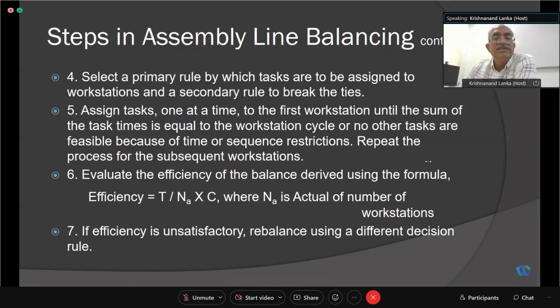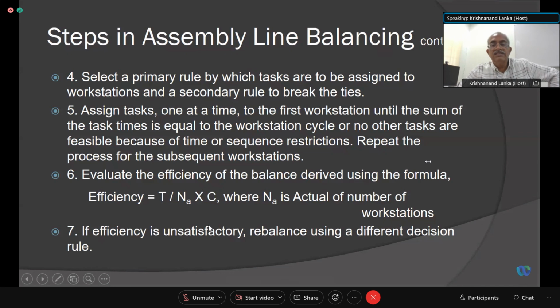Assign tasks one at a time to the first workstation until the sum of the task times is equal to the workstation cycle time, or no other tasks are feasible because of time or sequence restrictions. Repeat the process for the subsequent workstations. The sixth step is to evaluate the efficiency of the balance derived, using the formula: efficiency equals total task time divided by N actual, the actual number of workstations, times cycle time.